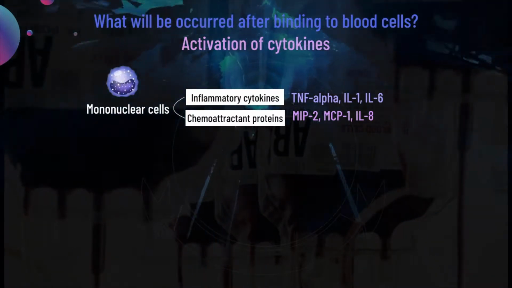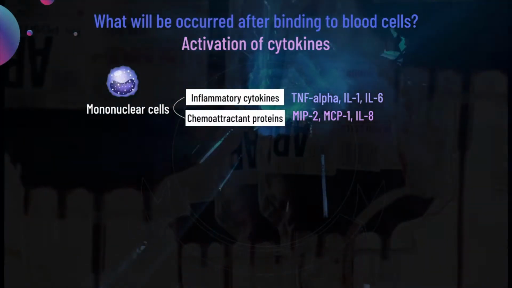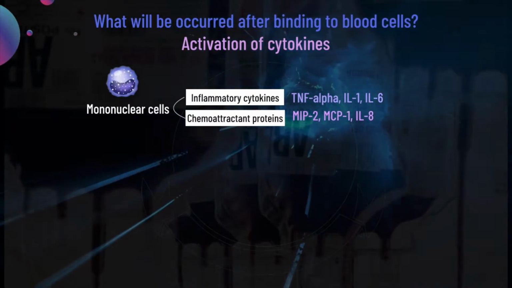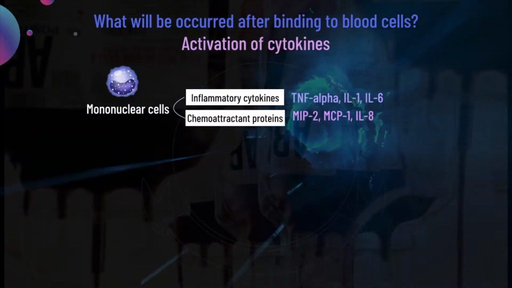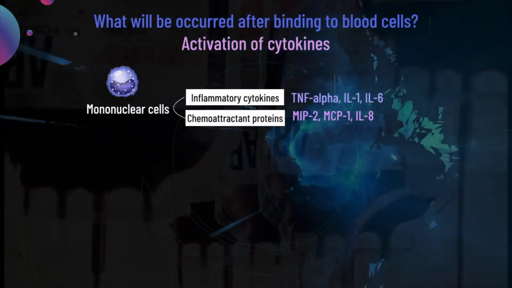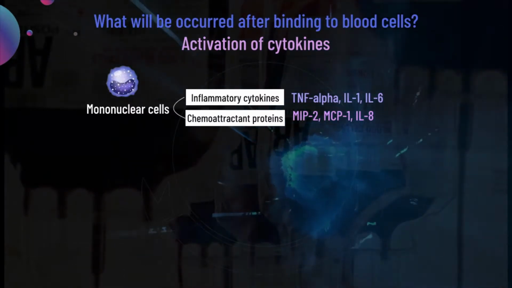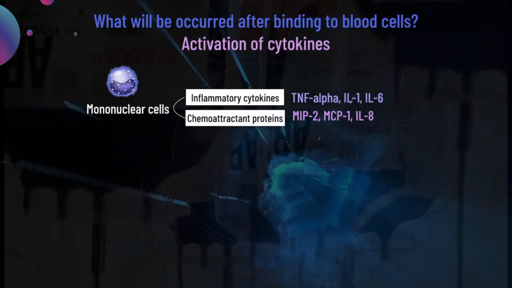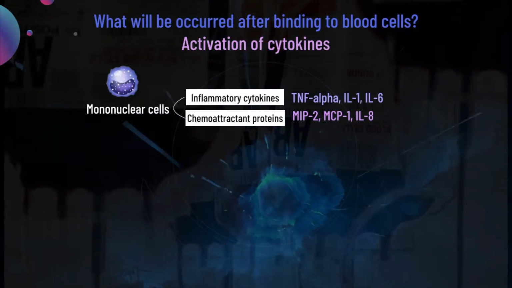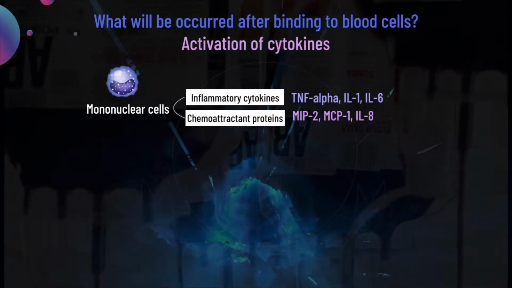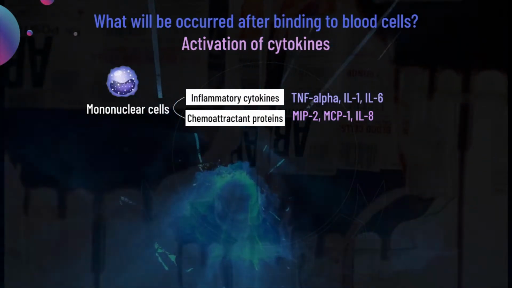The second group is chemoattractant proteins, including MIP-1, MCP-1, and IL-8. These molecules can induce expression of adhesion molecule receptors on the membrane of leukocytes. This event causes accumulation of leukocytes at the infusion site.